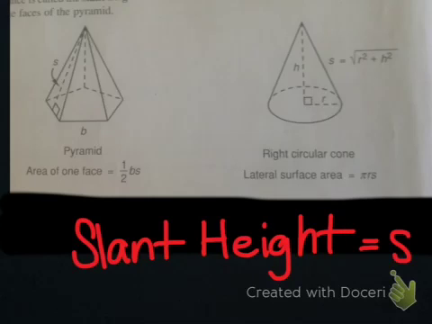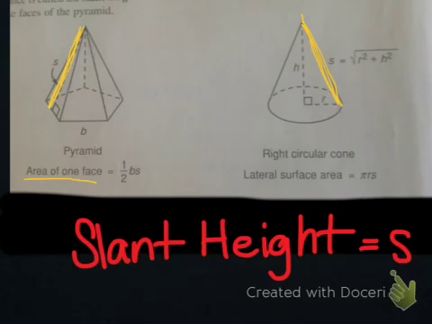One other equation is the slant height, which is the distance from the bottom to the top of a pyramid or a cone. In order to find the slant height of a pyramid, you take the area of one of the faces, which is equal to 1/2 the base times the slant height.